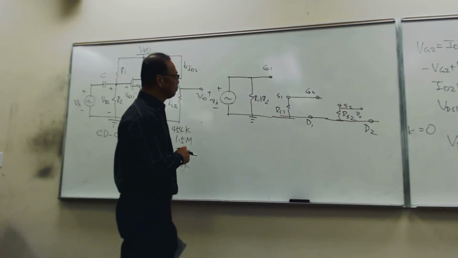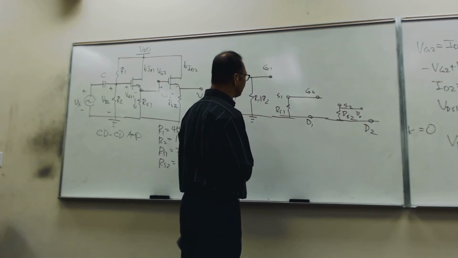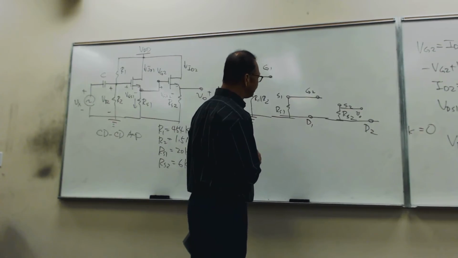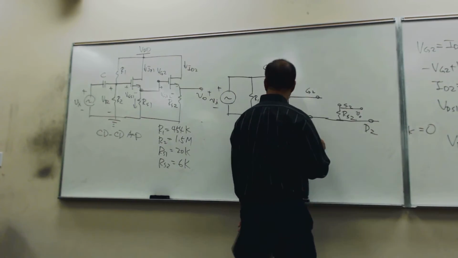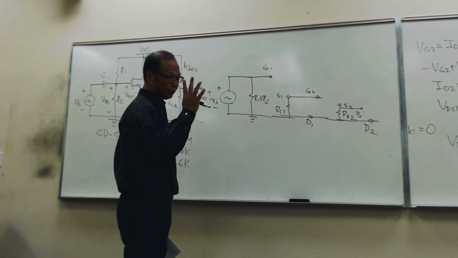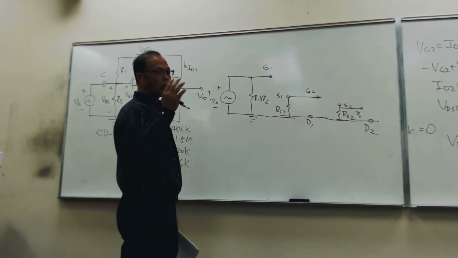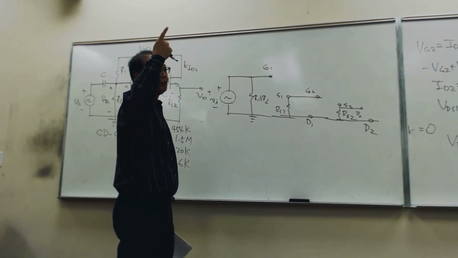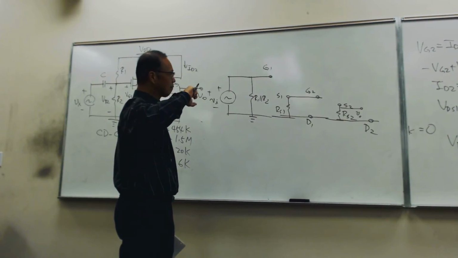Okay, now I have to put it into the model. So what is the best way to do this? The current source in the model is always connected between where? Between the drain and the source, right?